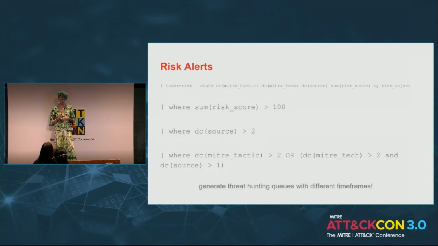So on top of that, I mentioned this earlier, we generally utilized just one alert over a certain time period for each one of those things. But again, you could do a risk score of say 300 over 3 days, or you could do distinct source types over 5 days, or MITRE ATT&CK over 30 days.